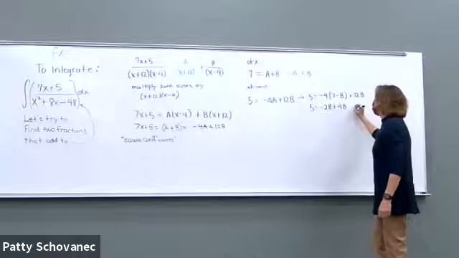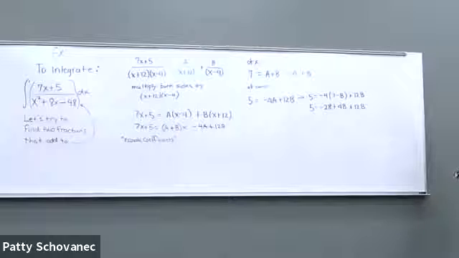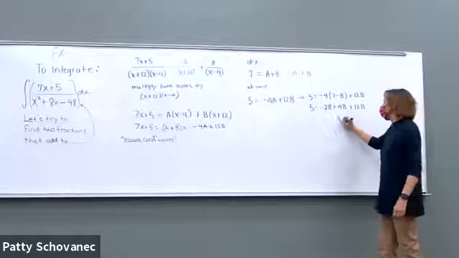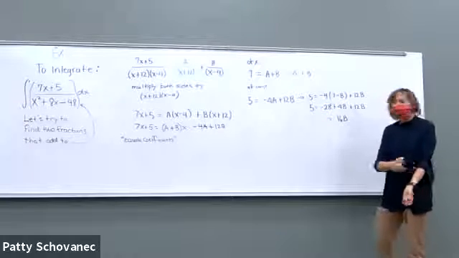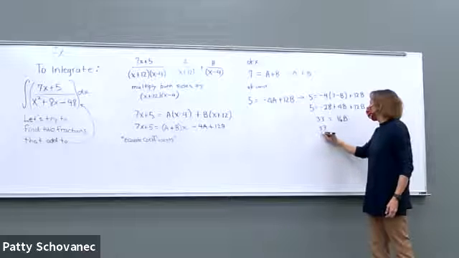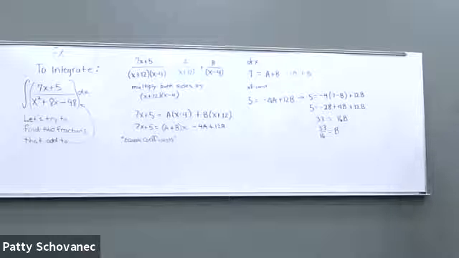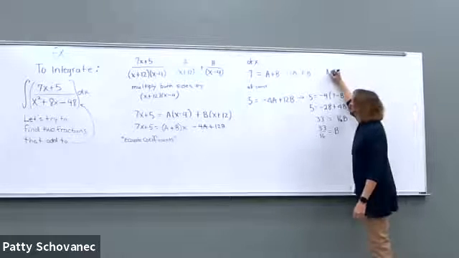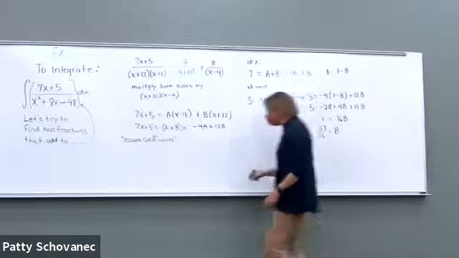You get negative 28 plus 4B plus 12B has to be equal to 5. The 12B plus the 4B gives me 16B. Then I'm going to add 28 and 5, and I think I get 33. So B is 33 over 16. Kind of had to expect that since I just made this example off the top of my head. A is 7 minus B. Oops. And B is 33 over 16.